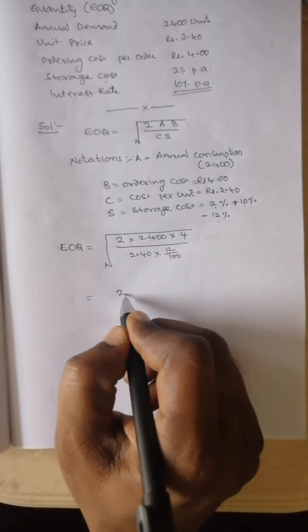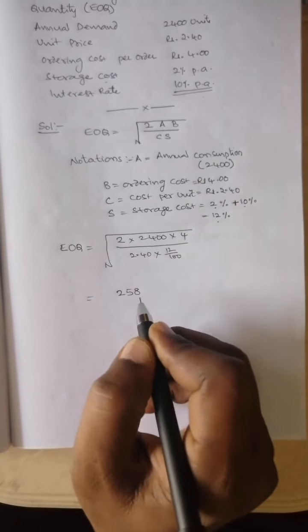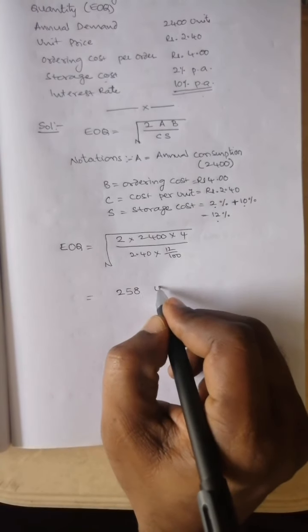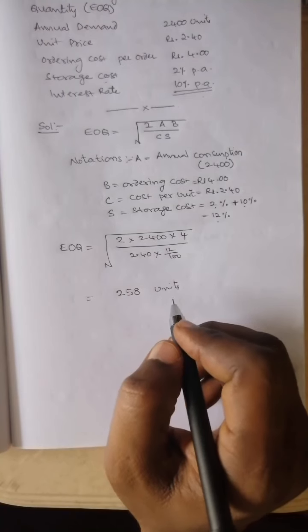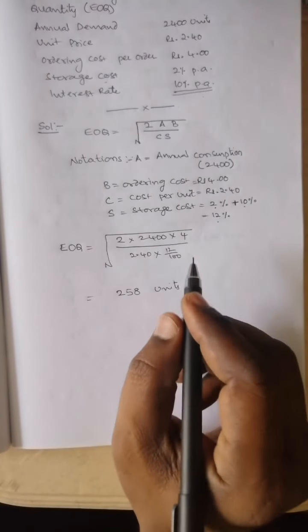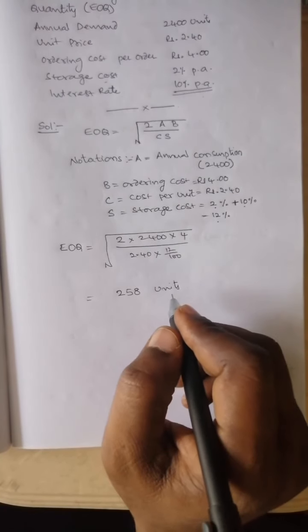After finishing all the calculations, including the under root, you will get 258 units.